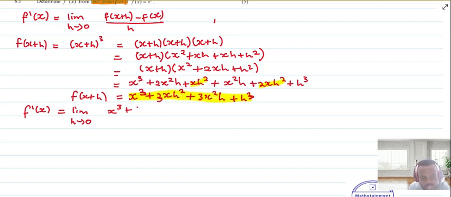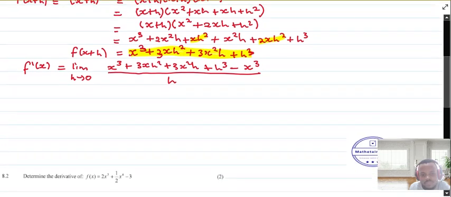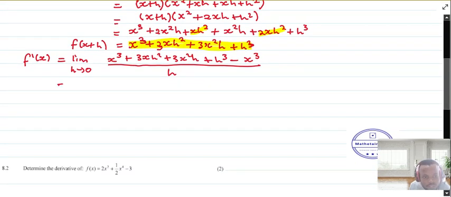So plus 3xh squared plus 3x squared h plus h cubed, and then you minus f of x, and f of x was given to us to be equal to x cubed, all over h. Still finding the limit as h tends to 0.